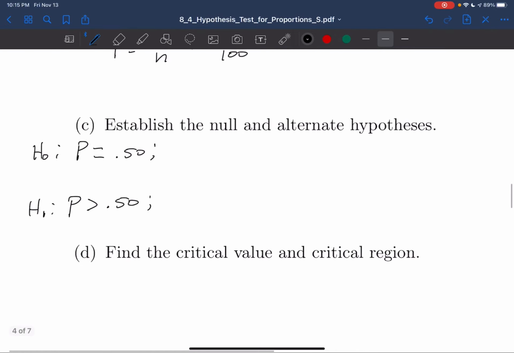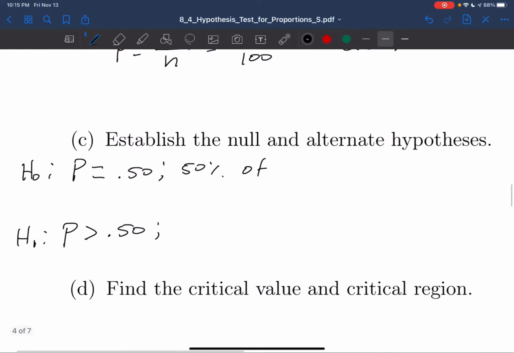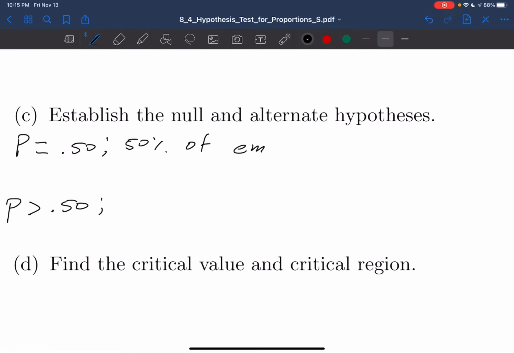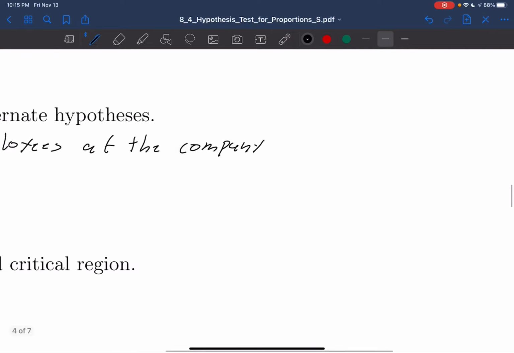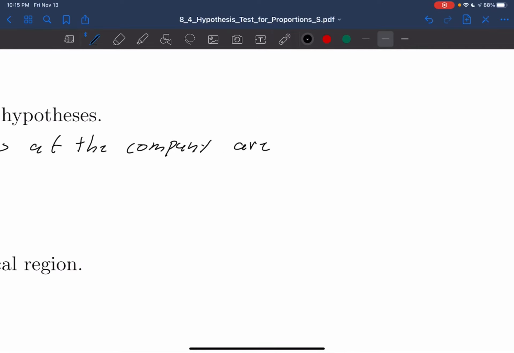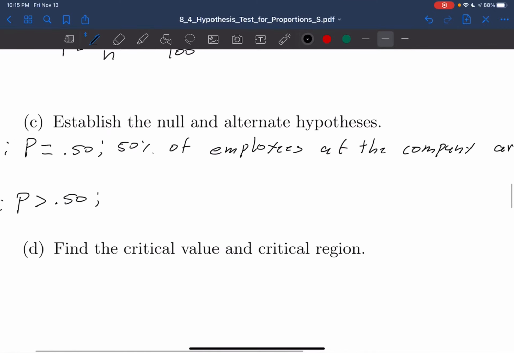So we could say that 50% of employees at the company are satisfied with their jobs. So that's the null hypothesis.